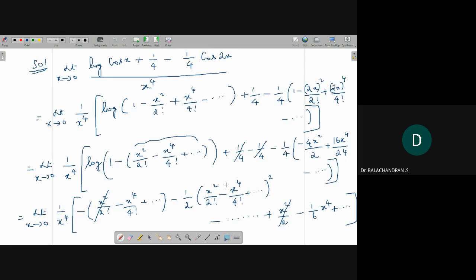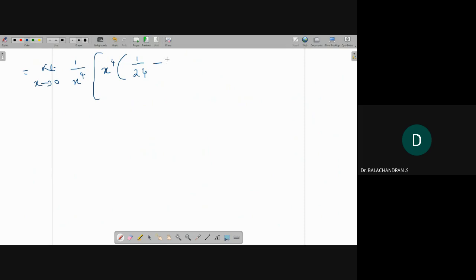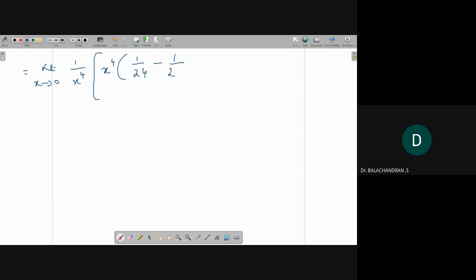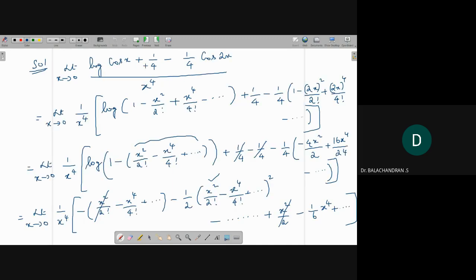And then here, this is x power 4 by 2 square, which is 4, so 4 into 2 is 8, so minus 1 by 8. Otherwise, I will write minus 1 by 2 into (2 factorial) whole square, so then you can easily identify. And then here I don't have x power 4, here I have x power 4, minus 1 by 6.